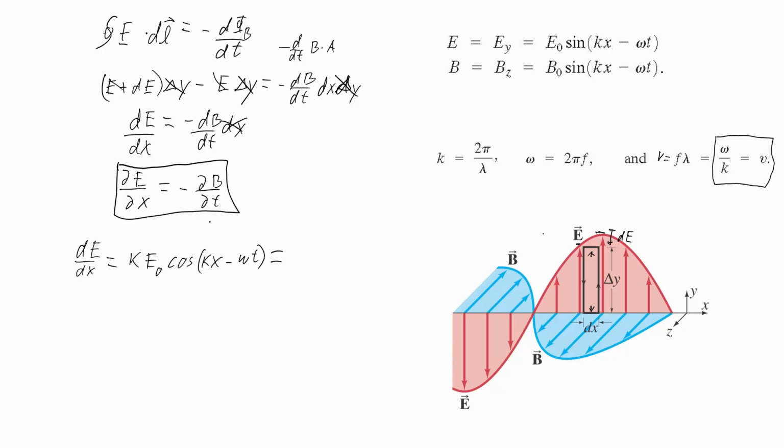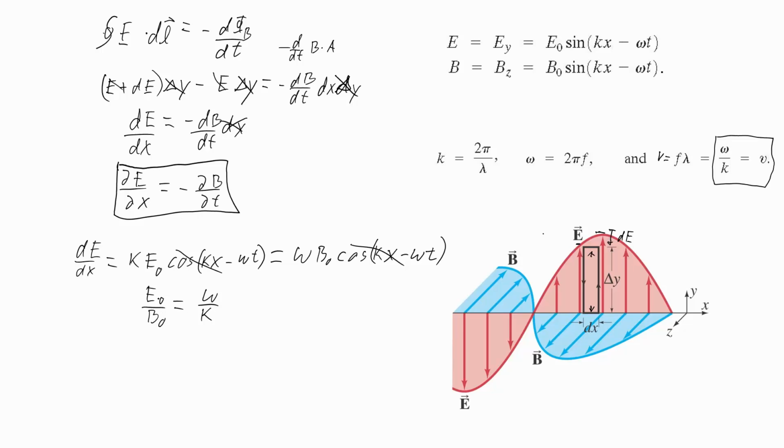For the other side of this equation, we want the derivative of B with respect to t. I'm just going to write it right here. Taking the derivative with respect to t is going to pull out a negative omega. Since we already had a negative out there, the negative will go away, and we're left with omega B naught cosine of kx minus omega t. And the nice thing is these cosine functions go away. If we rearrange this, we can solve for the ratio of the max E field to the max B field, which is going to equal the ratio of omega to k.